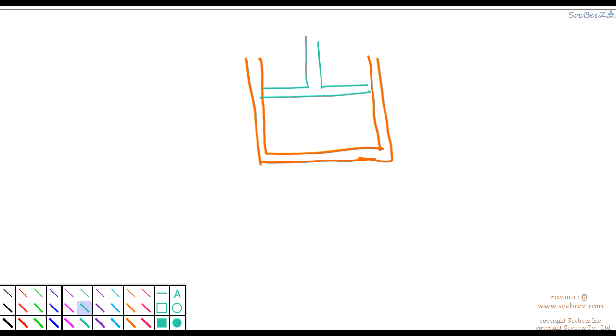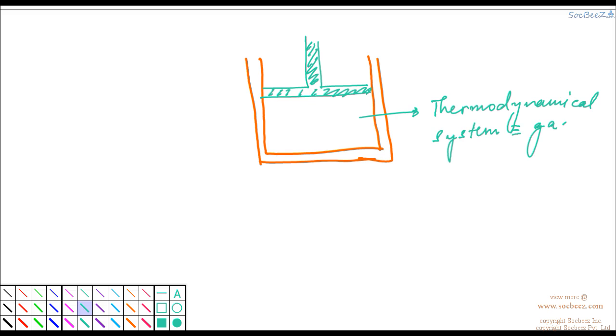It can move without friction. This is our piston overhead, and our thermodynamical system would be over here. We are typically dealing with just gases, one type of thermodynamical system.